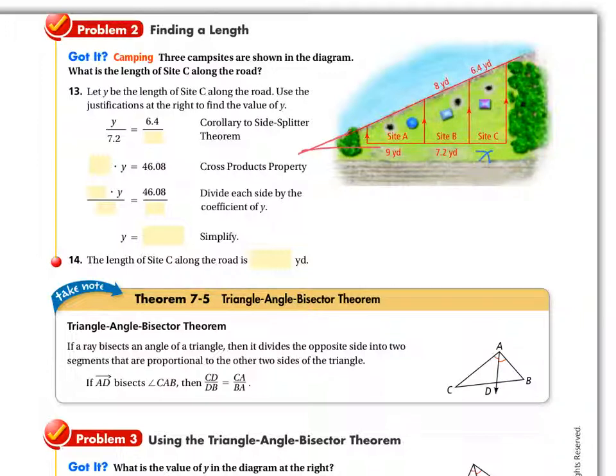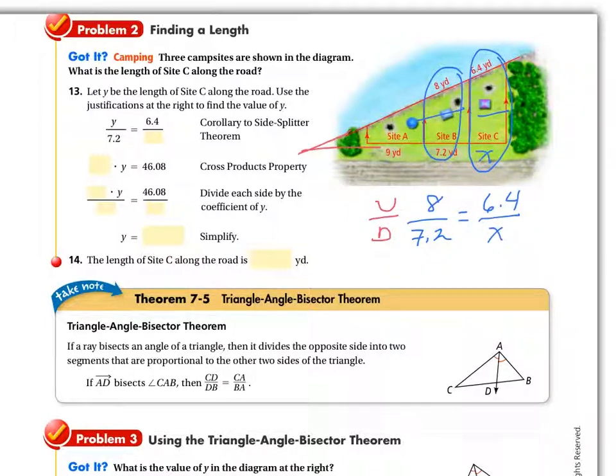So we're going to take, let's go from up to down, because it makes sense. I'm going to look at this as one fraction and this as one fraction and set them equal to each other. And so I have 8 yards is to 7.2 yards as, so equals, 6.4 yards is to X.